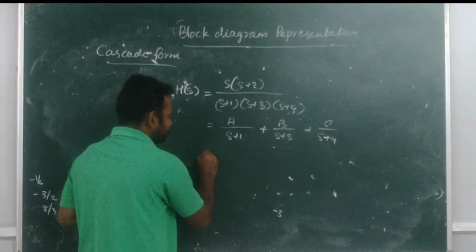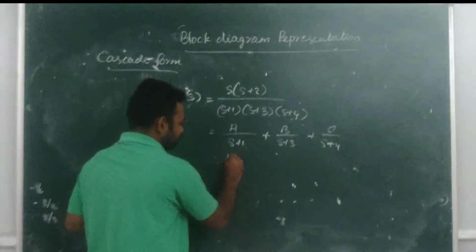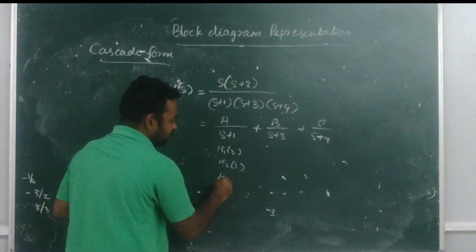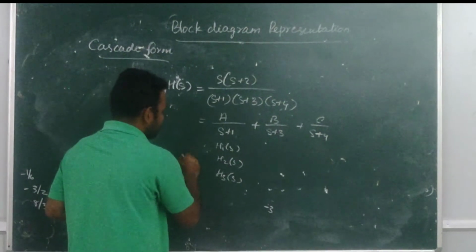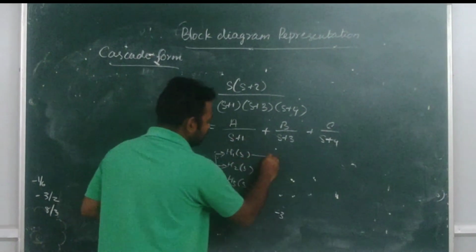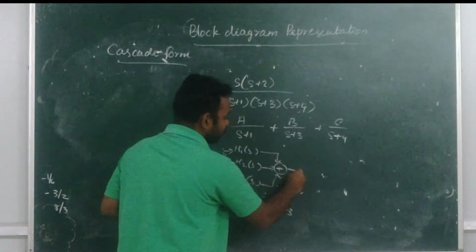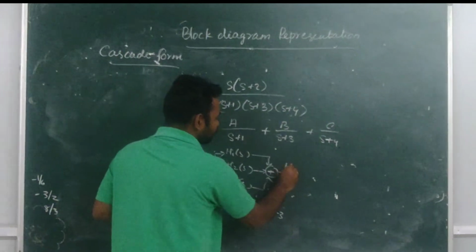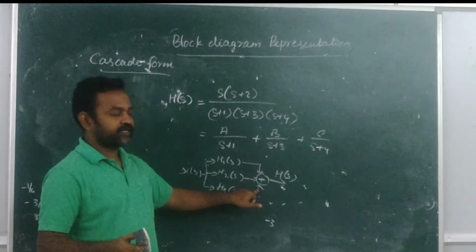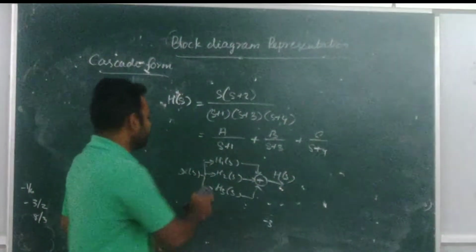Parallel form realization means your entire H of s is divided into three subsystems, H1 of s, H2 of s and H3 of s. So the same input is applied for all the three systems. Then all the three outputs are combined and you are getting the collective output H of s. All the individual outputs are summed up together and we are getting the overall output H of s.